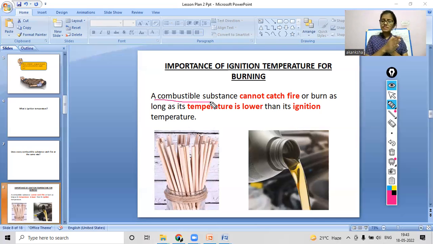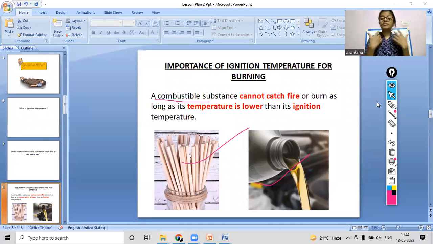These substances, as you can see, the pieces of wood and the petrol, all have different ignition temperatures.